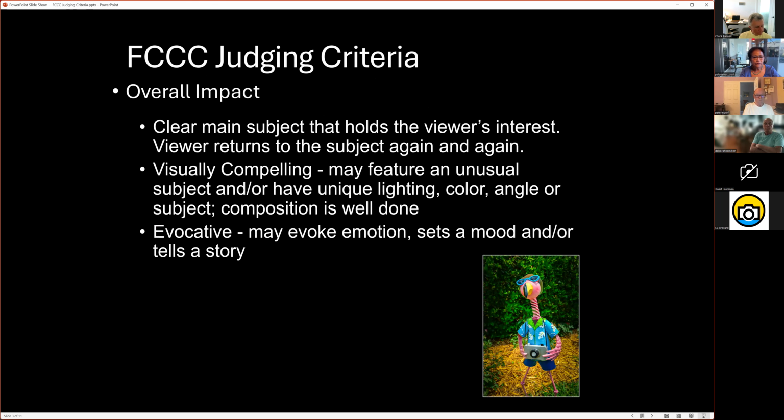This may feature an unusual subject and/or have unique lighting, perhaps color, angle, or subject. The composition is well done. Evocative: it may evoke emotion. It sets a mood, and it also sets the stage to tell you a story.